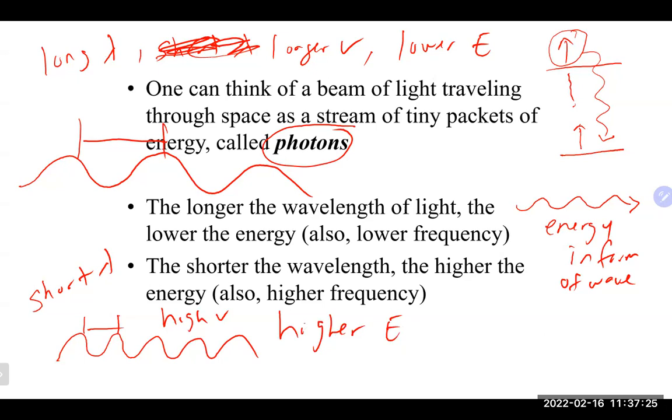Even colors have differences in energy. Red is a lot less energetic than violet. So purple has a much shorter wavelength and higher energy than something that is red in color. Any questions on that?